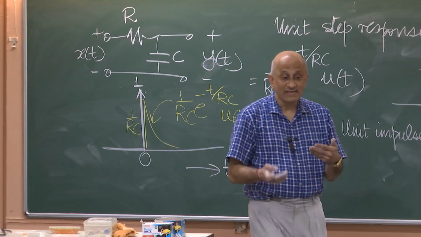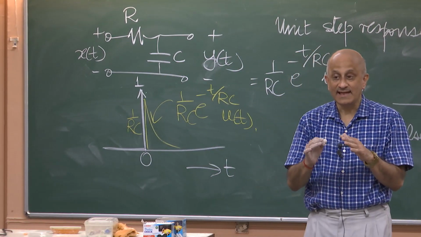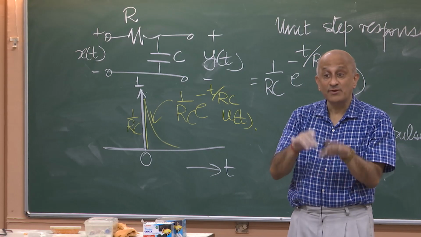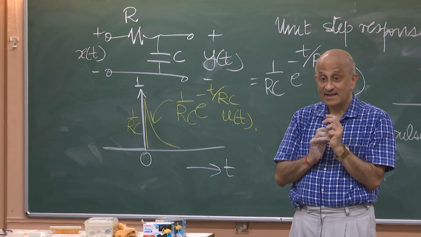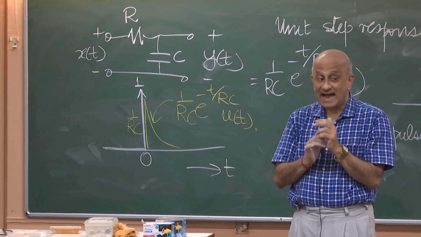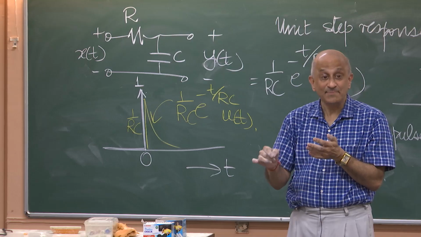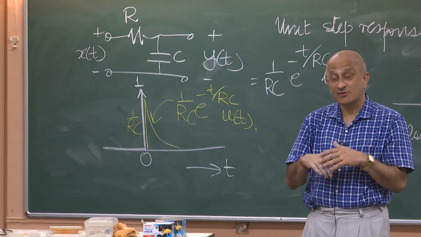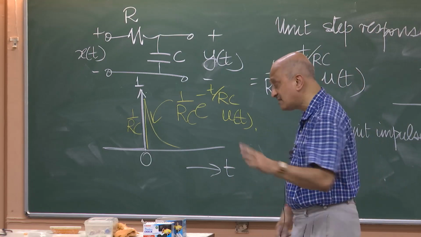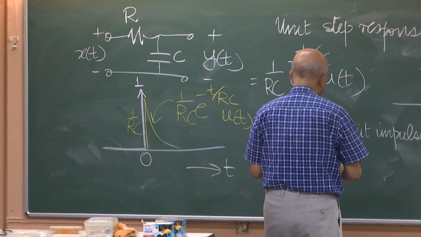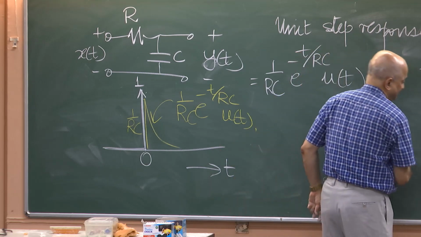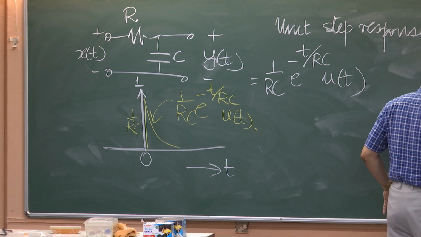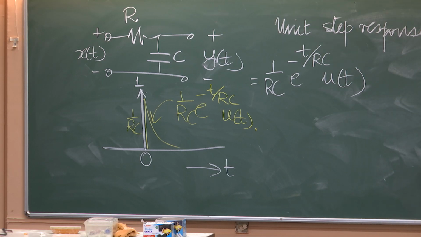Now, you can go the other way. So, now you can ask, if I know the impulse response, can I find out the response to a step? I must convolve the step, integrate. That's right, but how do I know I have to integrate? Suppose I didn't say step. In fact, let's take a pulse, a finite length pulse, and let's see what the response of this RC circuit is to a pulse.